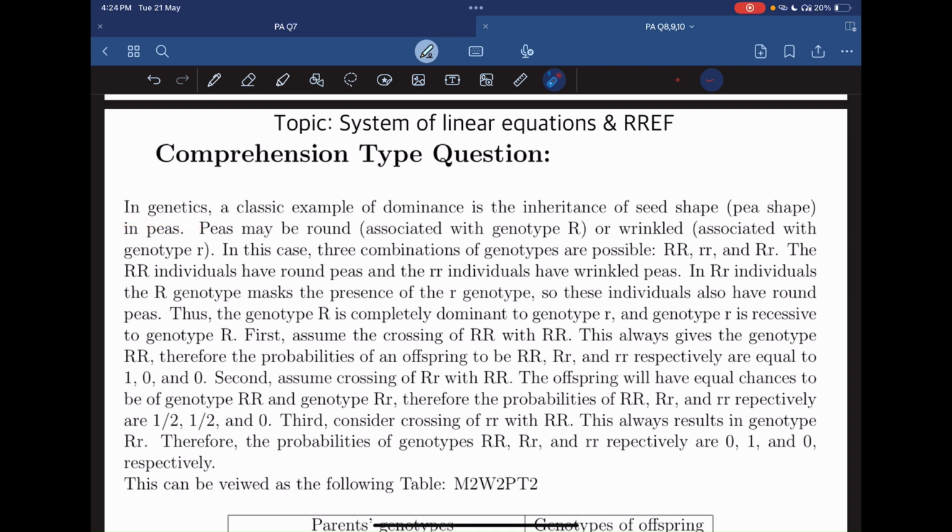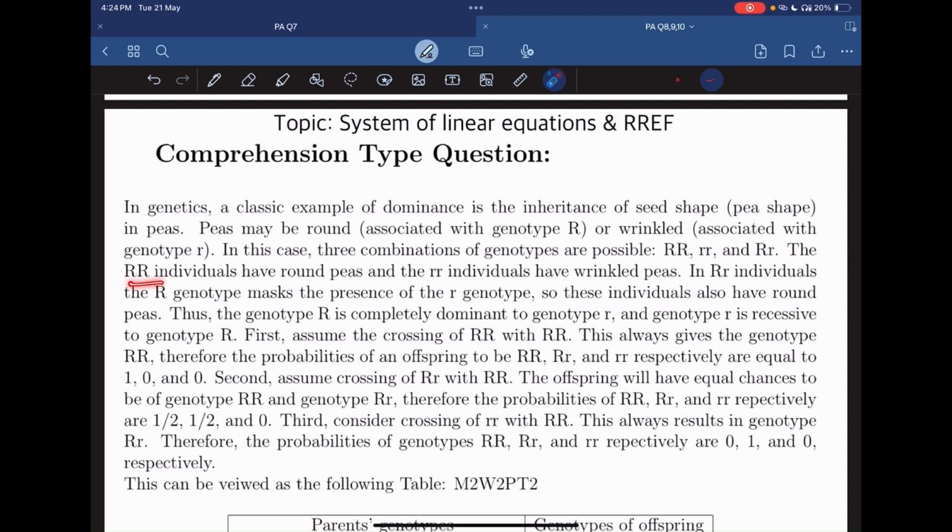In genetics, a classic example of dominance is the inheritance of seed shape in peas. Peas may be round, associated with genotype capital R, or wrinkled, associated with genotype small r. In this case, three combinations of genotypes are possible: double capital R, capital R small r, and double small r.